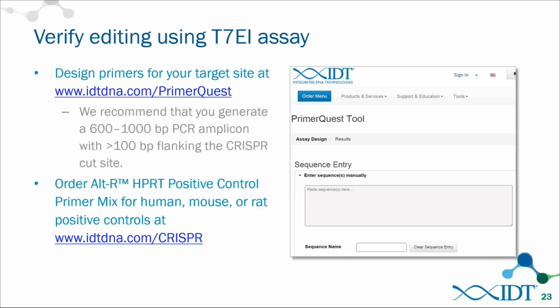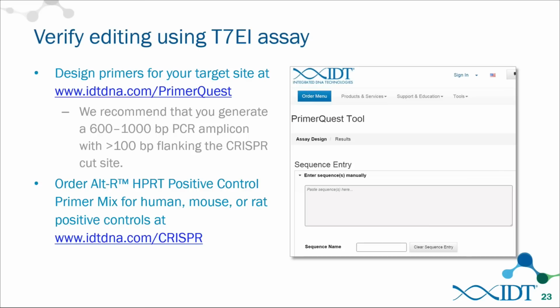And in order to execute a T7E1 assay, we've already talked about including the primer mix for the HPRT positive controls for human, mouse, or rat. In addition, we would direct the end user to design a PCR assay using our PrimerQuest tool by entering your region of interest and then using this fairly straightforward tool to design primers that would be then used in the T7 assay.